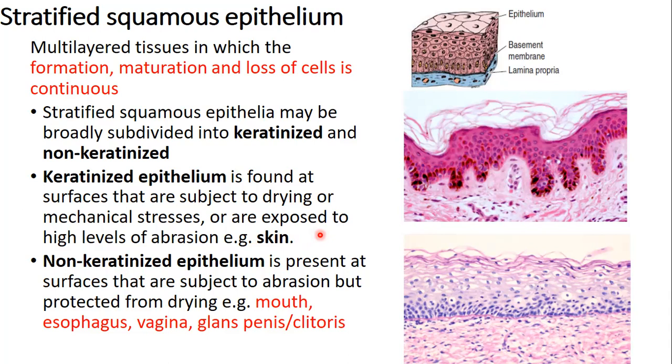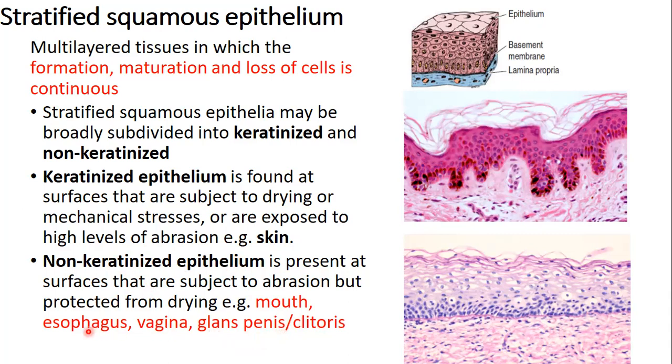It is also found in areas subject to mechanical stress or friction. But these areas are already protected from drying. Okay, so for example, there will be skin covering them. For example, the glans penis, the glans clitoris. So the clitoris and the glans penis, the tip of the penis, they are already covered with skin. So they will not be losing water. So instead, they will have non-keratinized stratified squamous epithelium.